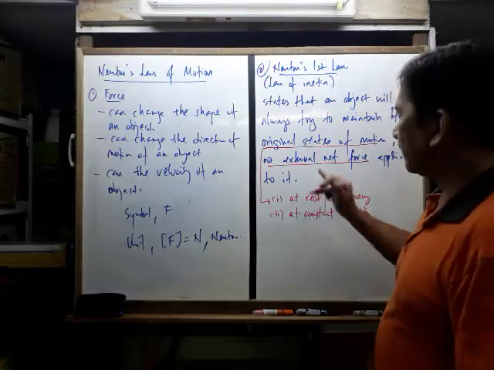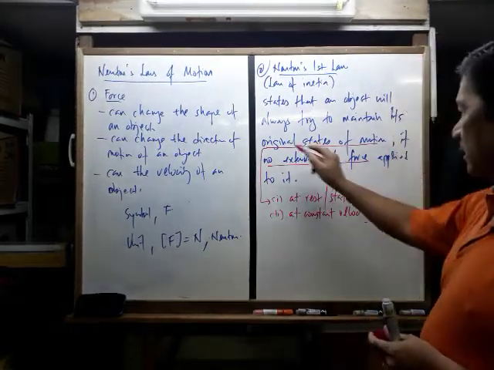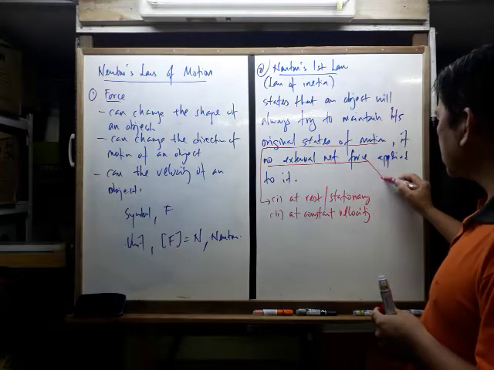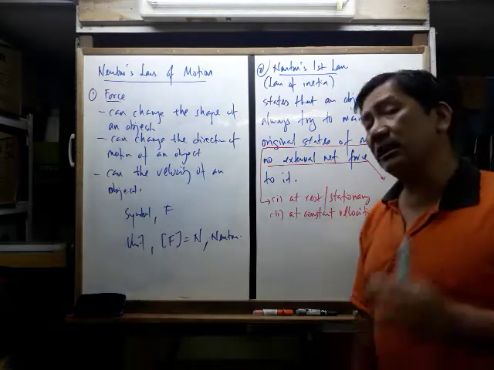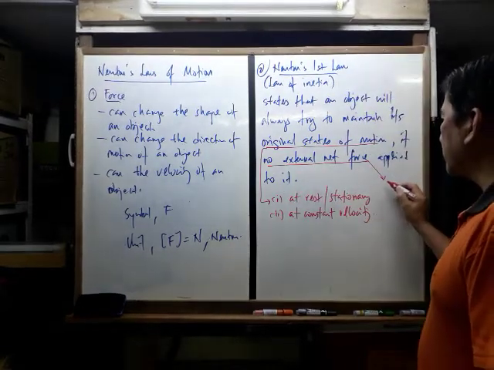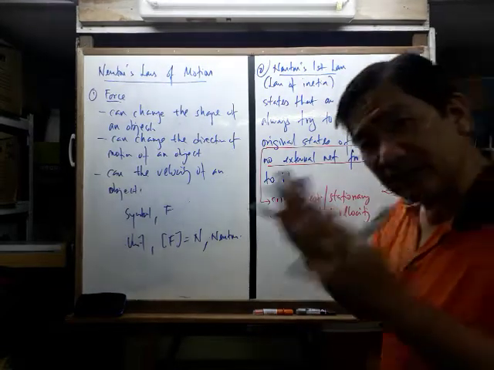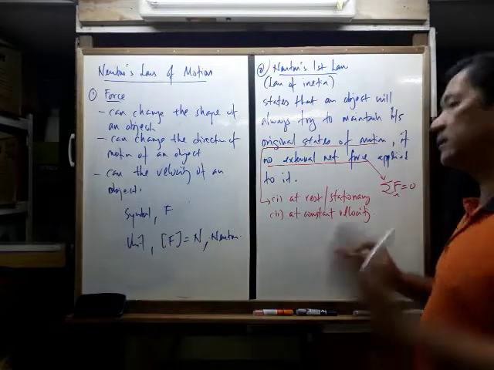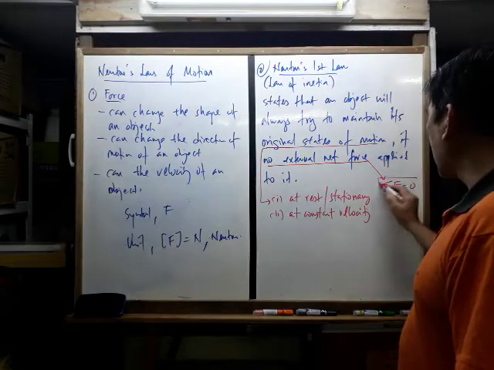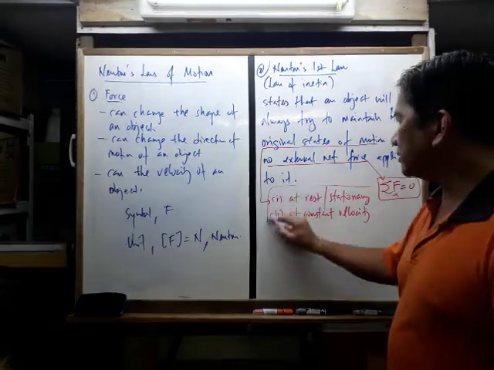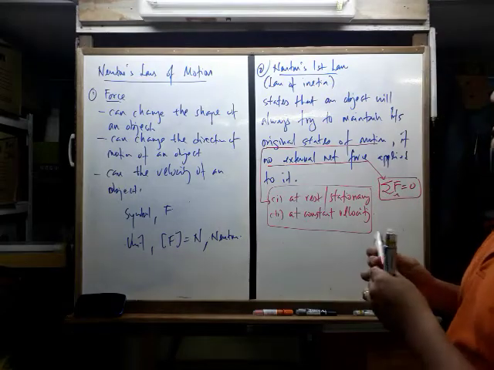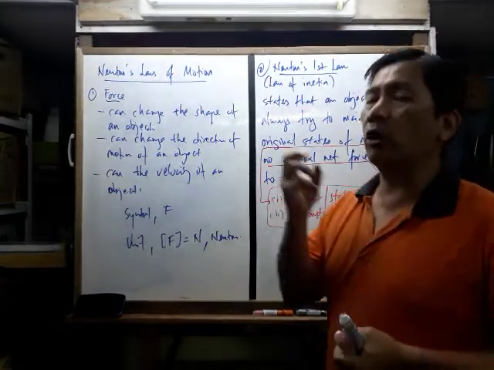Number two, when you say no external net force applied to it, that means the total force applied to the system is equal to 0. So there are two conditions which come from this statement. This is called the first law.